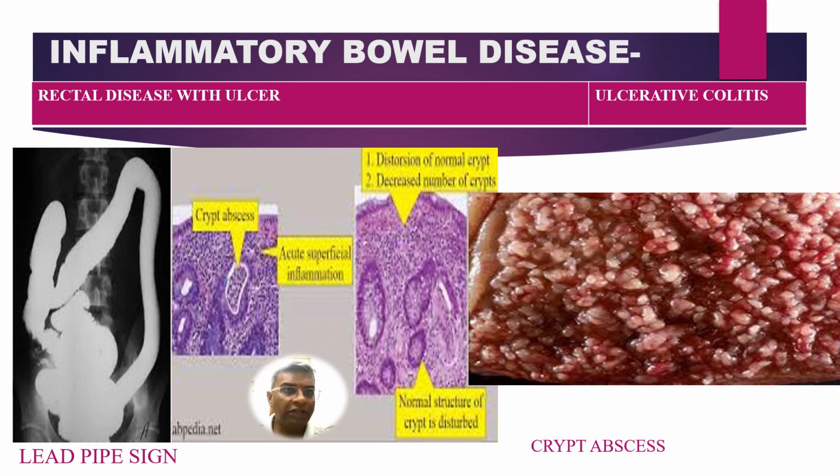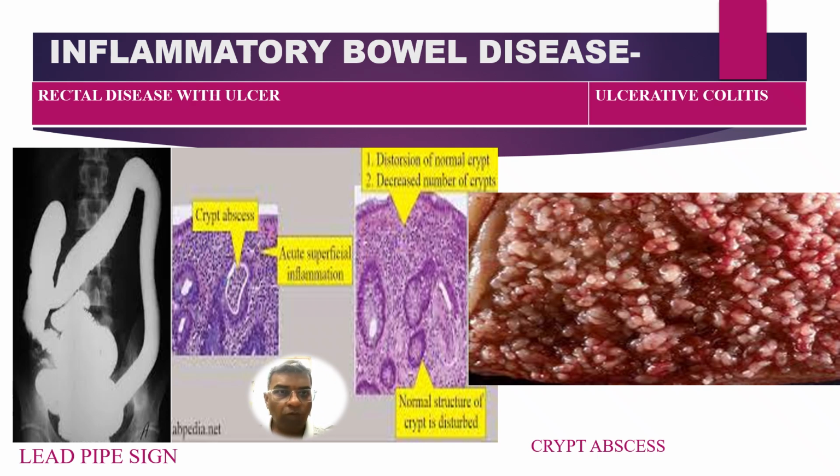Inflammation is limited to the mucosa and submucosa. So there will be formation of superficial ulcers. So superficial ulcers are characteristic of ulcerative colitis. When compared to Crohn's disease, there will be decreased chance of fistula formation in ulcerative colitis.